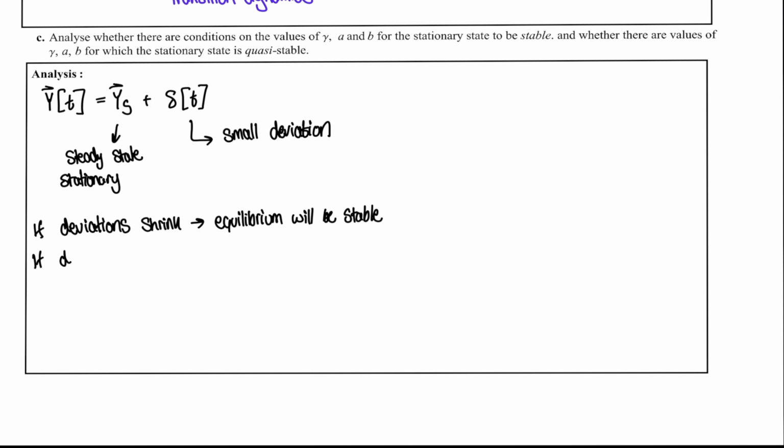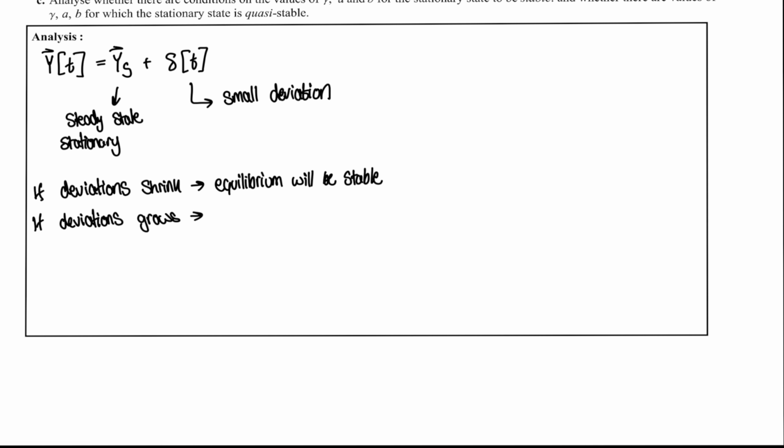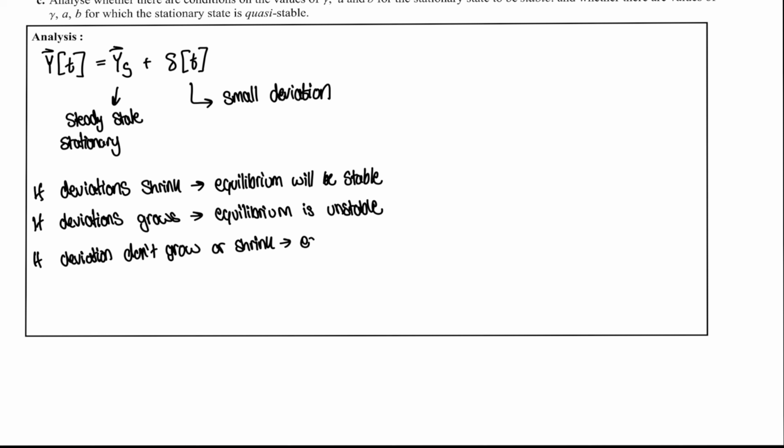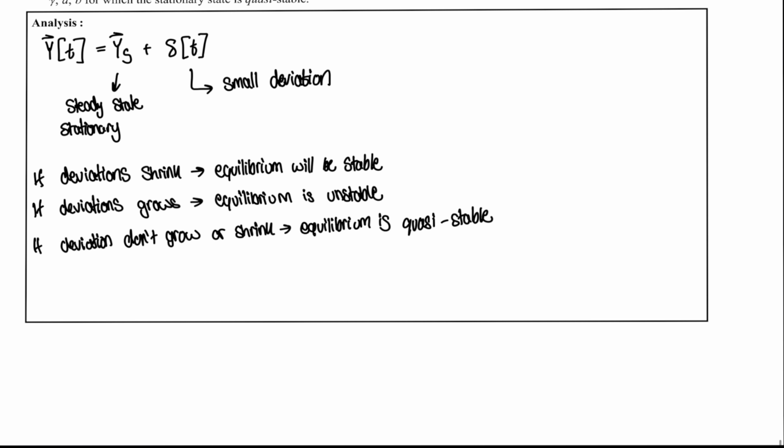If deviations increase or grow, then the equilibrium is no longer stable, so the equilibrium is unstable. And if deviations don't grow or shrink, then the equilibrium is quasi-stable.